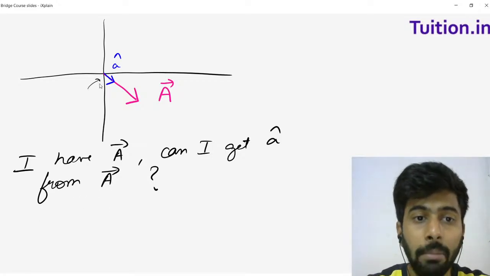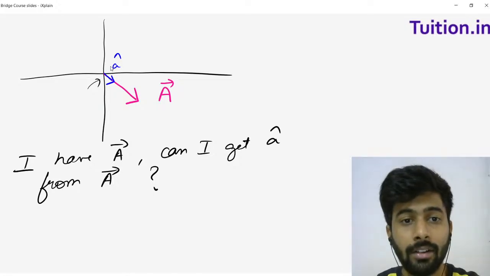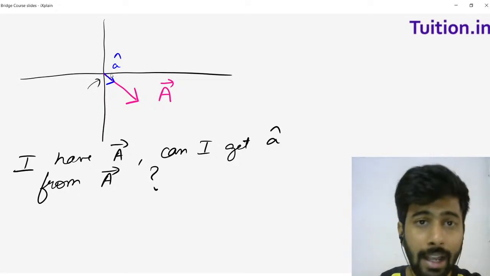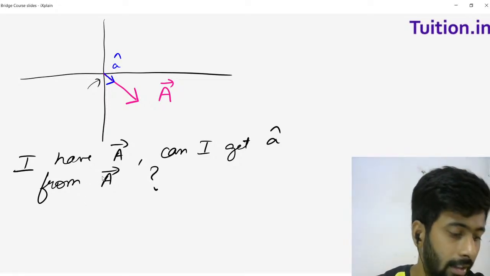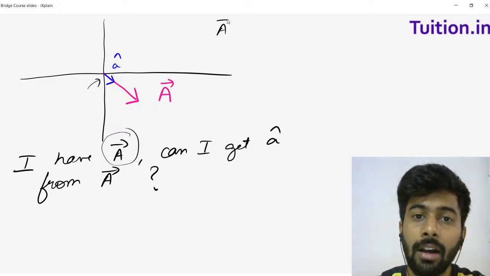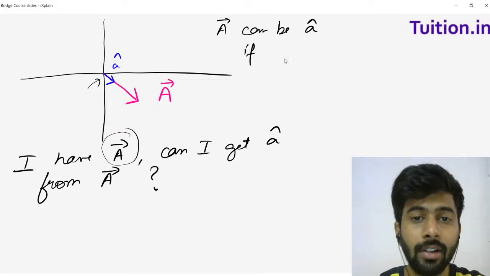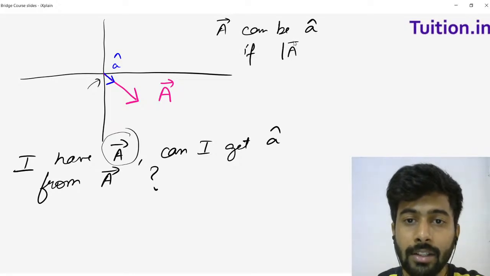If you have a cap, you can get a bar from a cap. If you have a bar, then you can get a cap from a bar, right? I hope you understand the difference between a bar and a cap. A bar can be a cap if magnitude of a bar is 1.